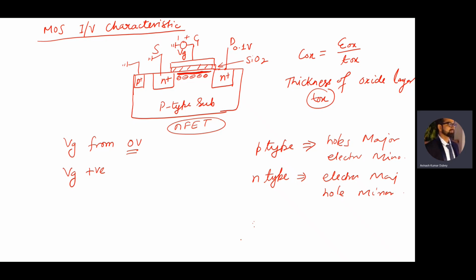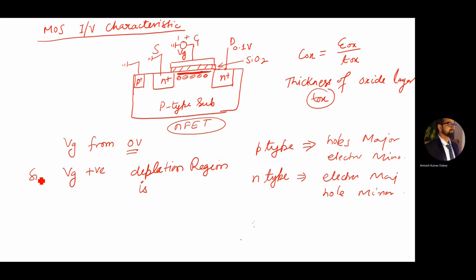So for a small positive voltage, negative ions appear near the gate, and this means a depletion region is created. When you apply a small positive Vg, a depletion region is created near the gate.